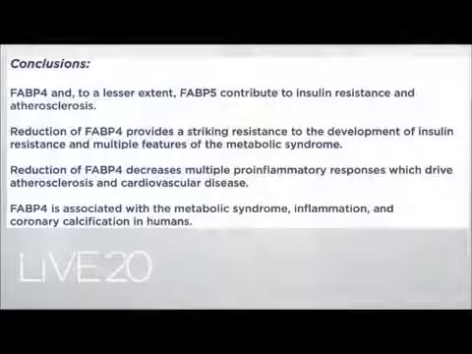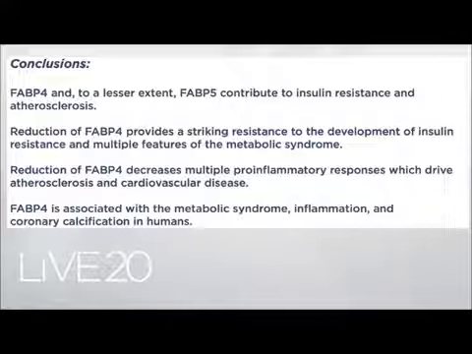The conclusions from this paper, I just kind of summarized: FABP4 and to a lesser extent FABP5 contribute to insulin resistance, which is part of type 2 diabetes, to atherosclerosis, hardening of the arteries, cardiovascular disease. Reduction of FABP4 provides a striking resistance to the development of insulin resistance and multiple features of the metabolic syndrome.